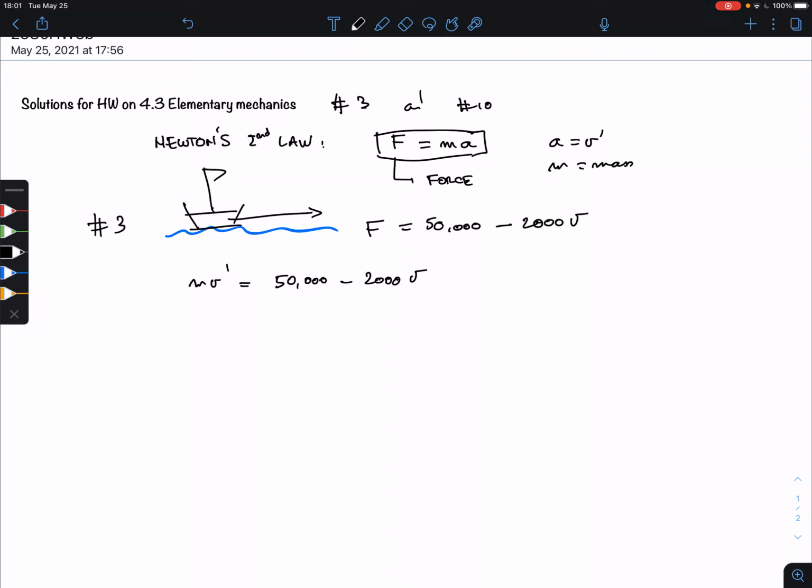What is missing? m. So what is m here? The mass, that's the 64,000 you say? No, remember, there's a difference between mass and weight. So let me write it up. What is weight? Weight is the force that the mass exerts, for us, of course, on Earth, but this can depend on where you are.